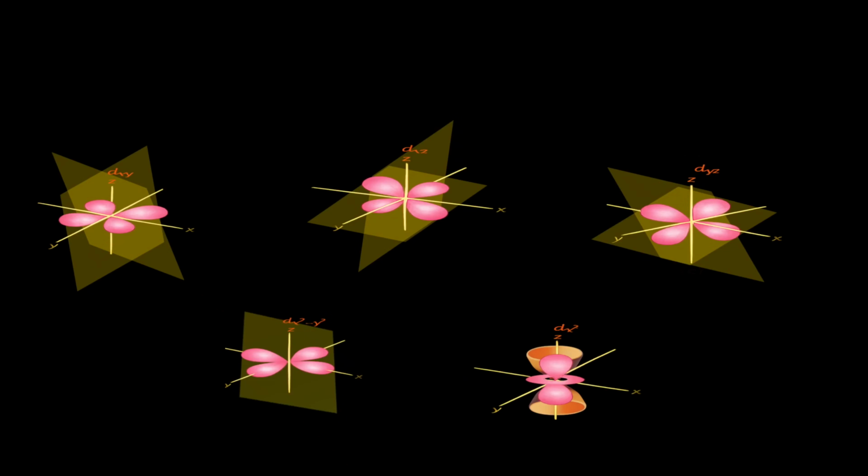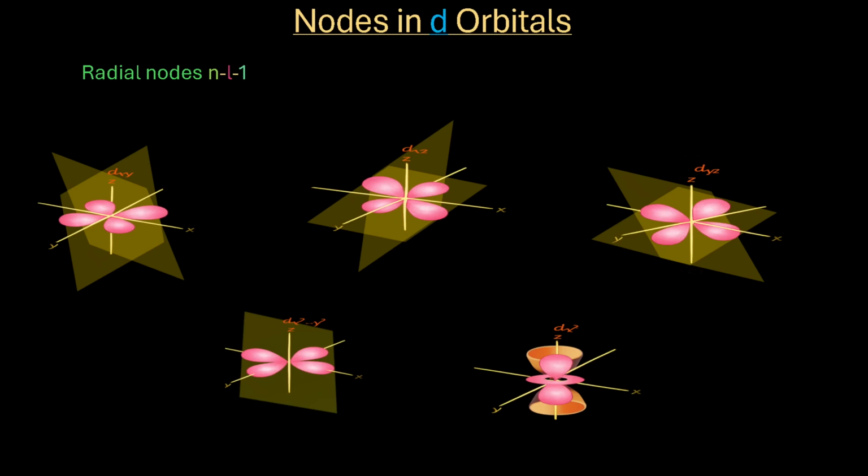Nodes in the d orbitals. Let's calculate the radial and angular nodes for the 3d orbital. Radial node n minus l minus 1 is 3 minus 2 minus 1, since the n value is 3 and the l value is 2. So no radial nodes. The angular node is given by the l value.